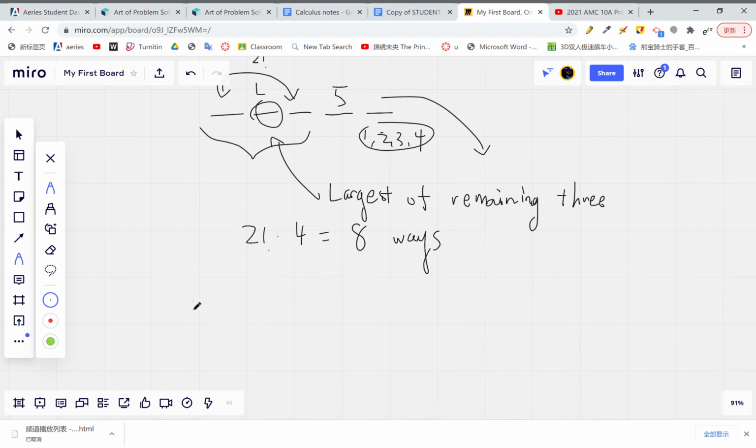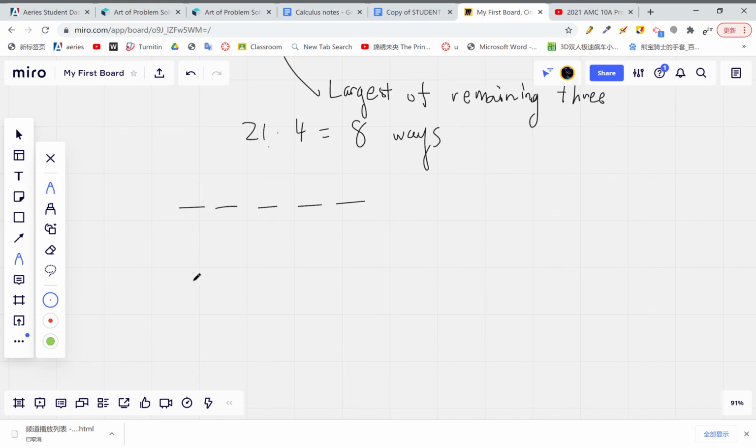And then, as I said before, we want to add the number of rearrangements when 5 is the 4th digit and when 5 is the last digit.